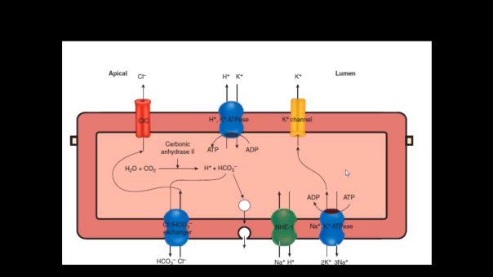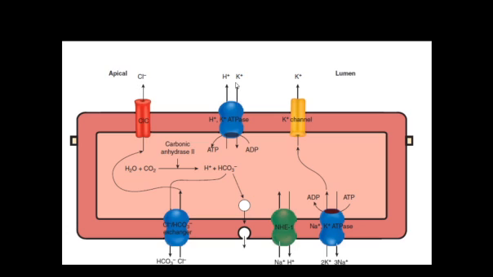This net electronegativity increased inside the cell compels the chloride to be pushed out into the lumen via the chloride channel present on the apical side into the canaliculi to maintain the electrical neutrality. This is how chloride ion and H plus ion are pumped into the lumen of the stomach from parietal cells.